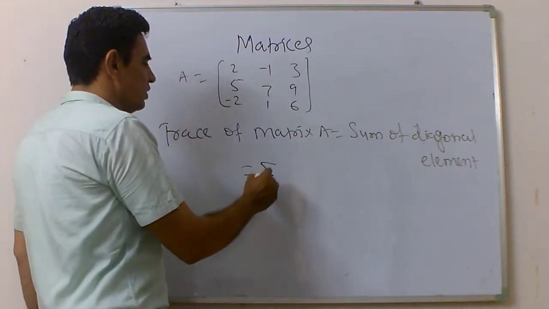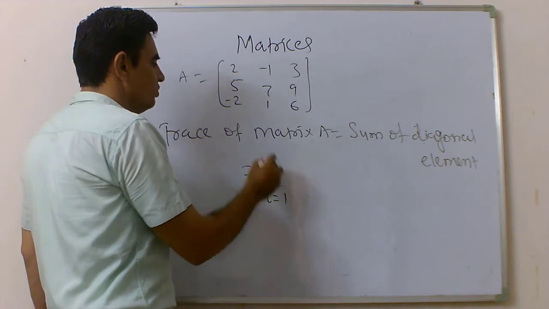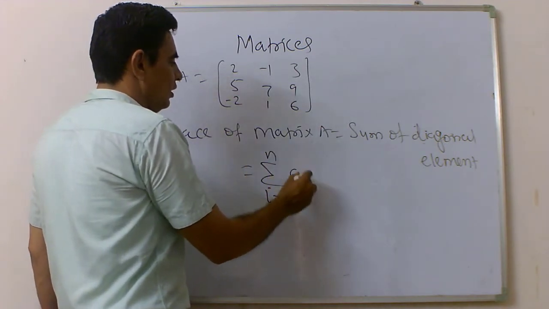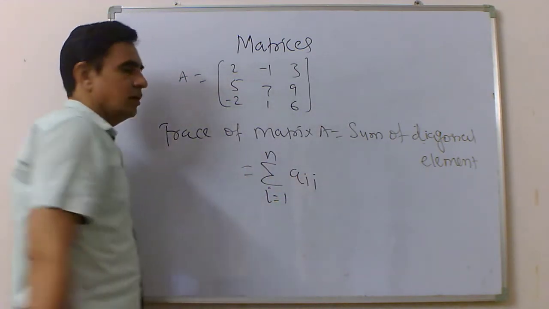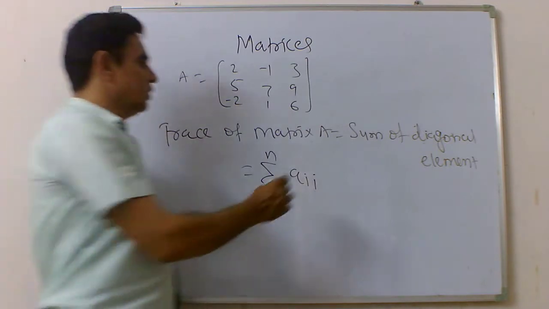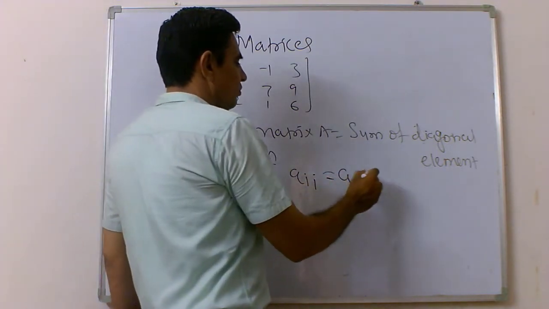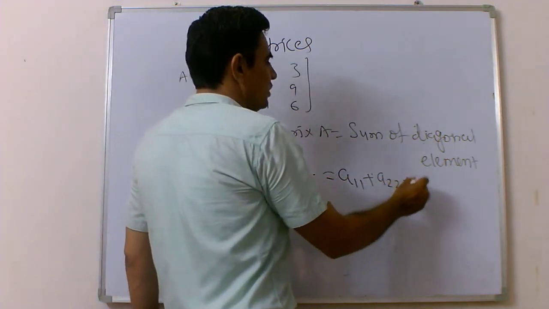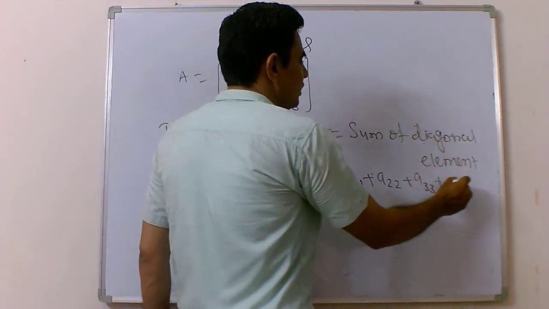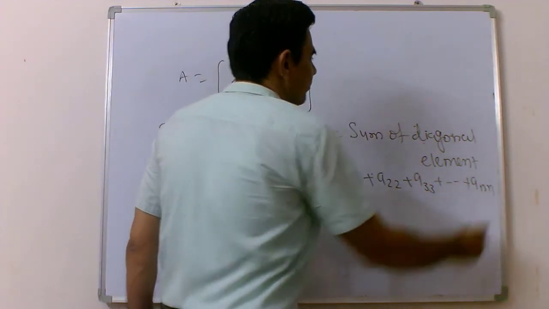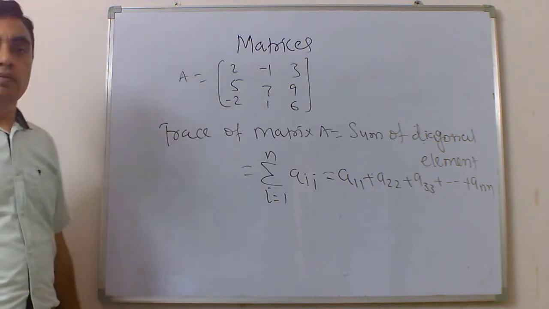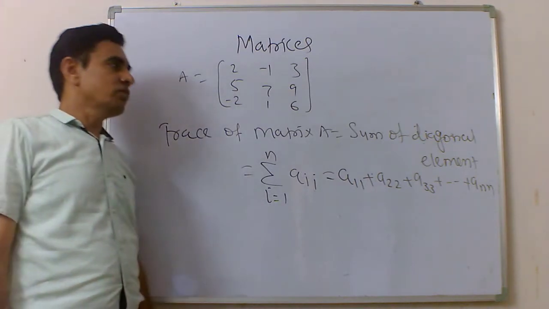That is, we also write summation i is equal to 1 to n of aii, that is equal to a11 plus a22 plus a33 plus dash plus ann. Sum of all diagonal elements, that is the trace of the matrix.